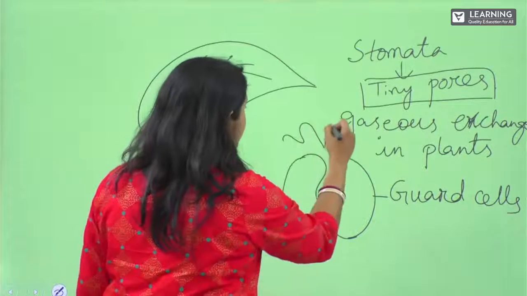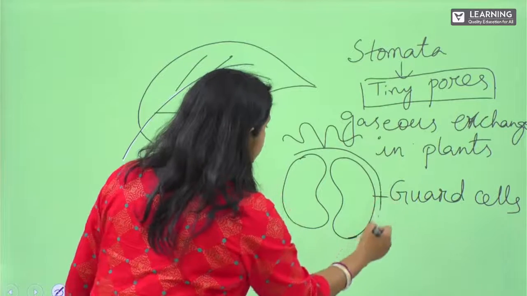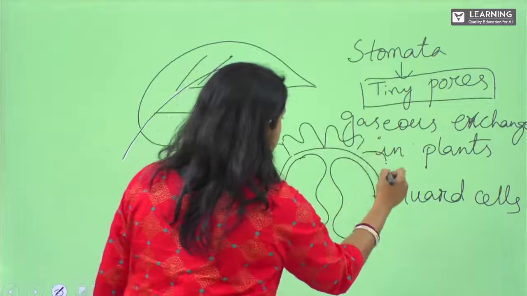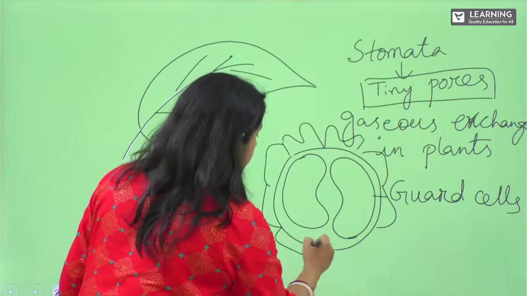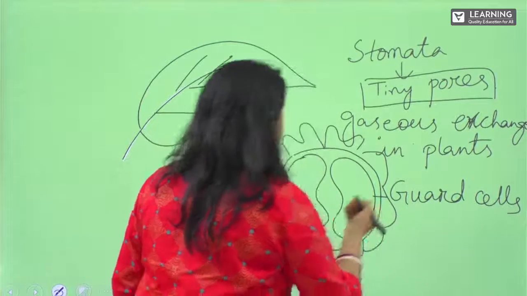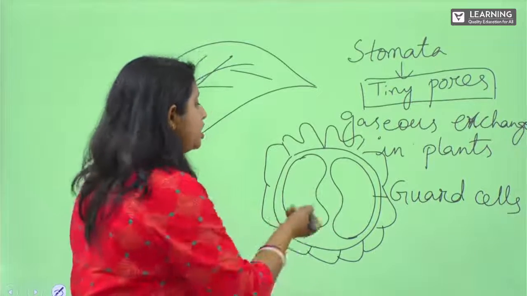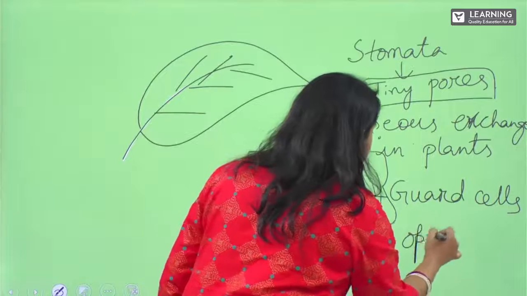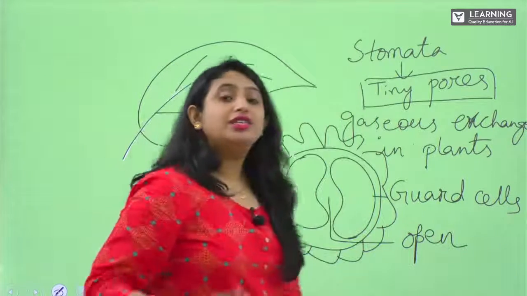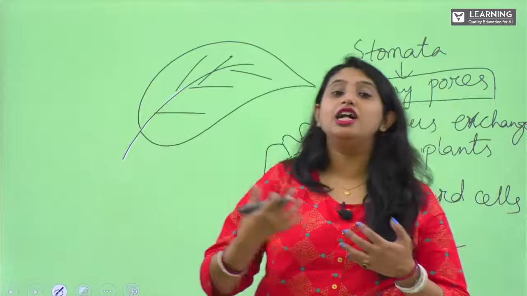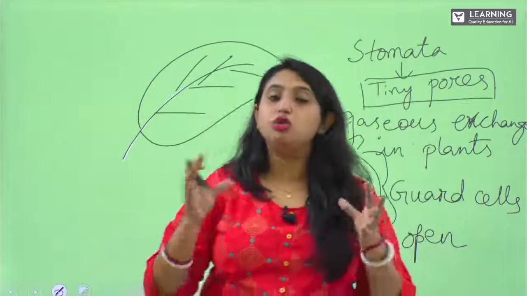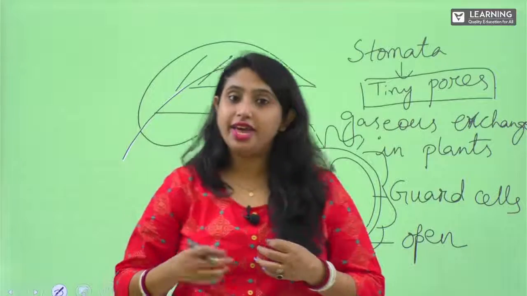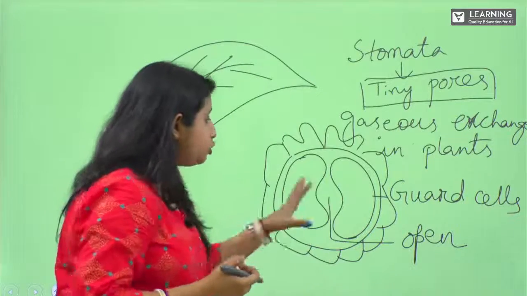The structure of the stomata will be like this. Here, as you can see, the stomata is open. This guard cell helps in the opening and closing of the stomata, that means the guard cells help in the gaseous exchange.